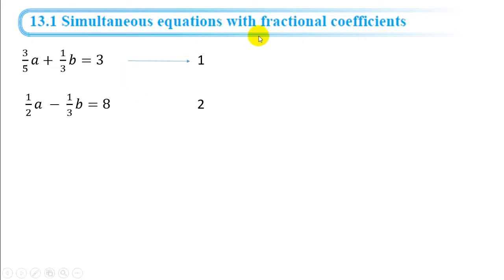That is my second equation. Since this is the very first question, I took a very easy question for you, so you can understand well how to simplify these simultaneous equations which include fractional coefficients.